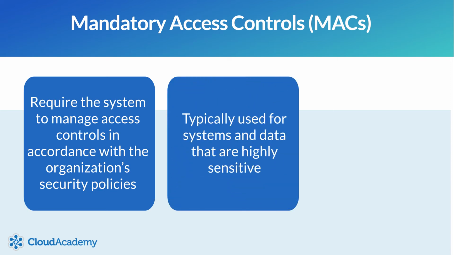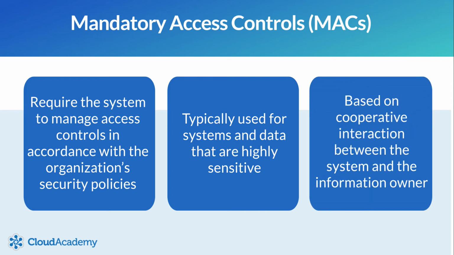This has typically been used in classified type environments for systems and data that are highly sensitive. Now, it's based on cooperative interaction between the system and the information owner. Some conditions that apply to mandatory access control are that there is no longer any discrete information ownership assigned to any individual.